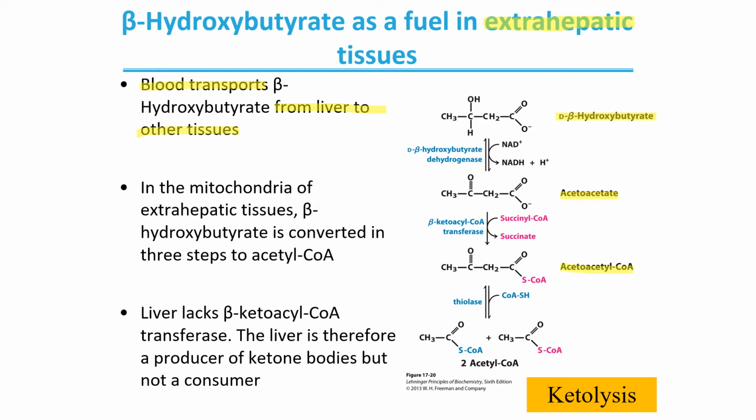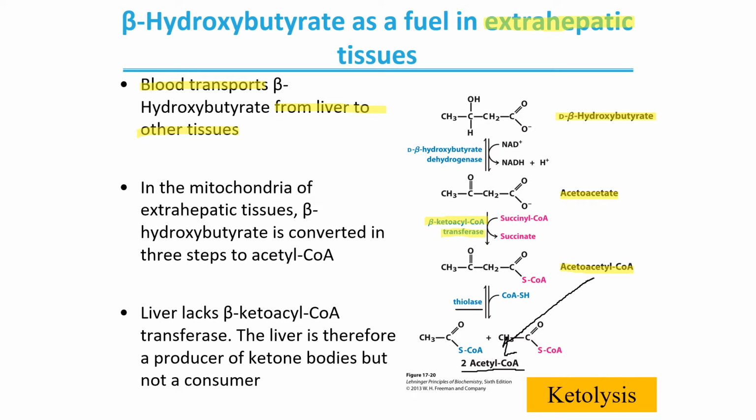Now this beta ketoacyl CoA transferase enzyme is really important, and it will break acetoacetate to acetyl CoA, and eventually from here we get the two acetyl CoA molecules by thiolase.